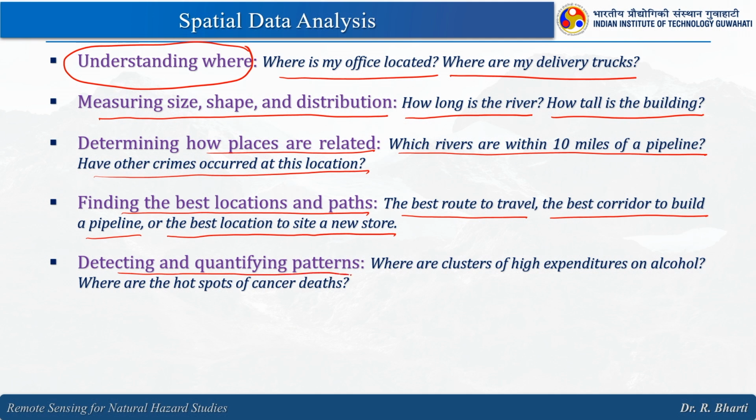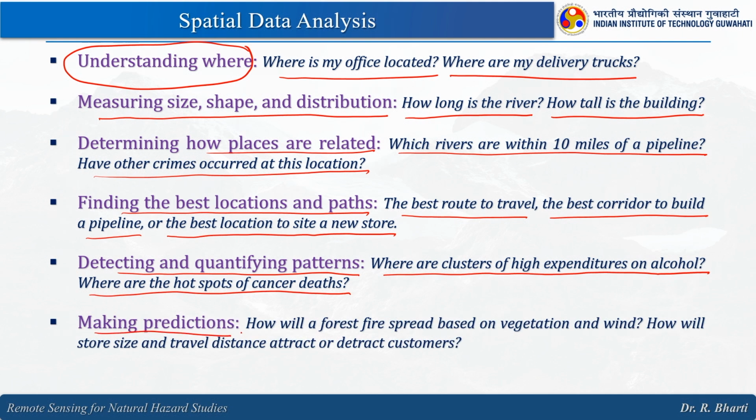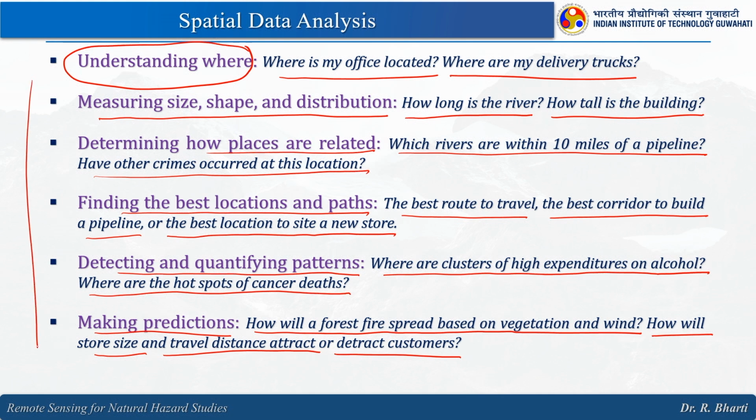Detecting and quantifying patterns: where are the clusters of high expenditure on alcohol, where are the hot spots of cancer deaths. Making predictions: how will a forest fire spread based on vegetation and wind speed or wind direction, how will store size and travel distance attract or deter customers. So, all these can be done in the GIS environment, right.